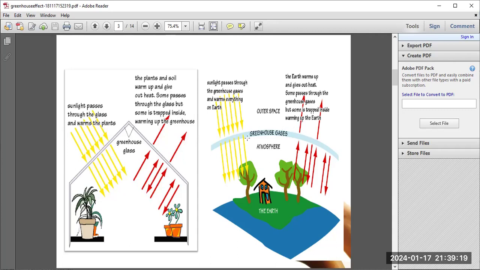And due to these greenhouse gases, here we can see this shade of greenhouse gases, some heat which is going towards space is again diverted towards the Earth's surface. Here you can see this is the diverted heat due to these greenhouse gases, and ultimately this direct heat and this reflected heat get combined together and increase the Earth's temperature.